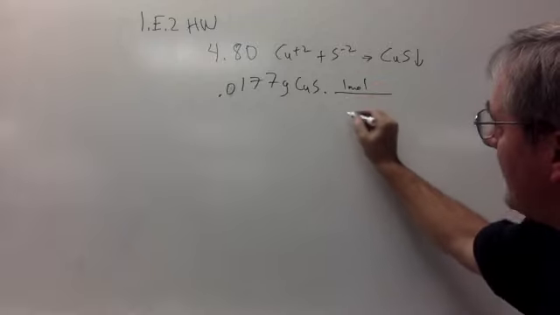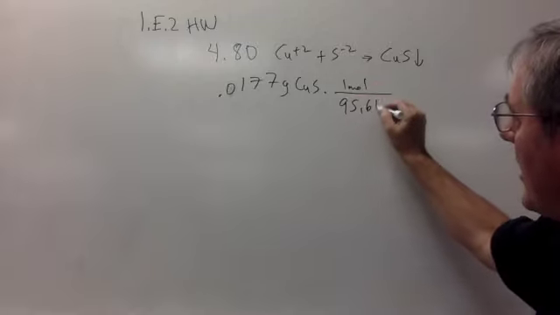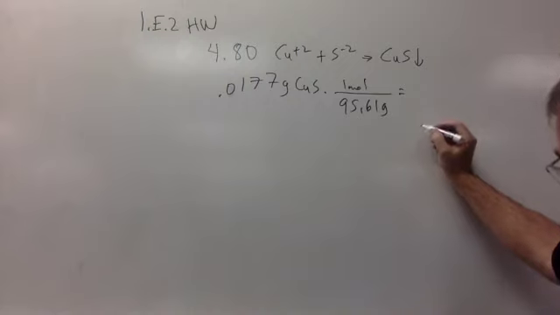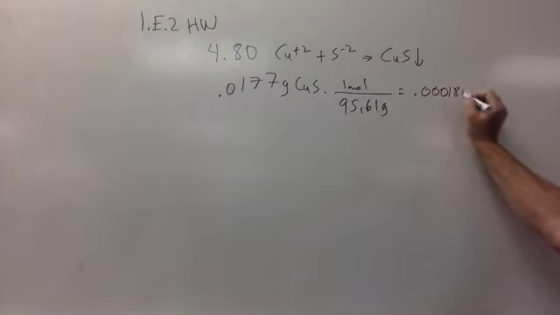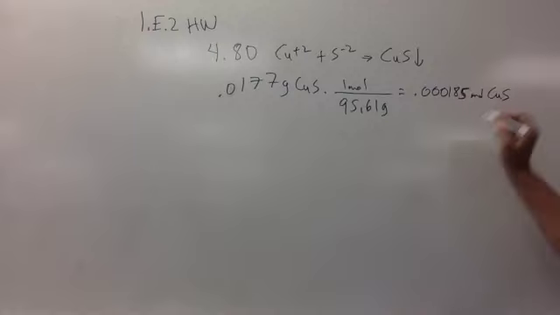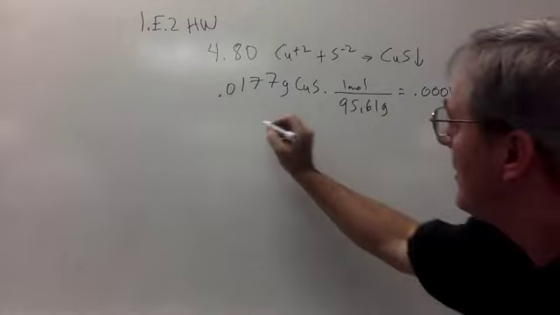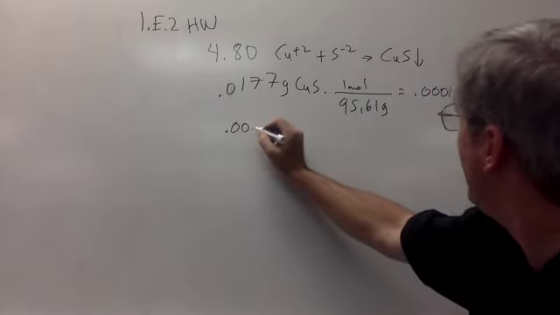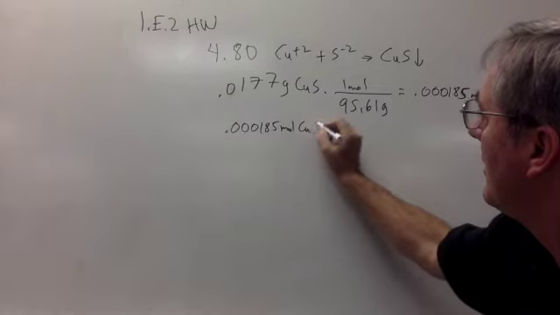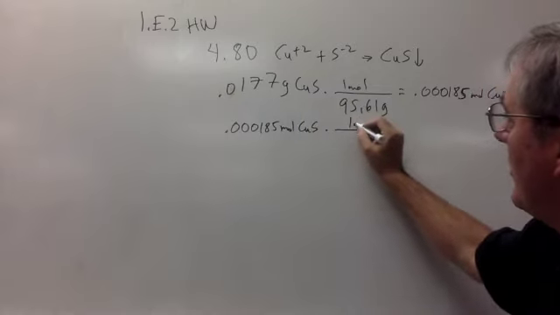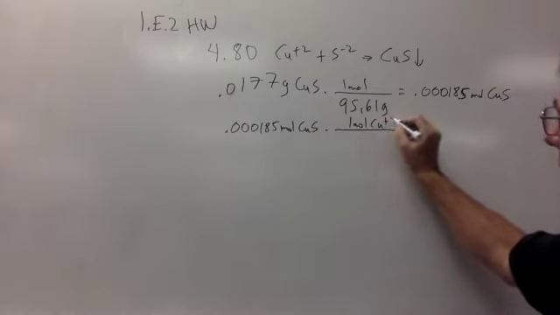CuS has a molar mass of 95.61 grams. So that's 0.000185 moles. For every mole of CuS, we started with a mole of copper 2 ion.